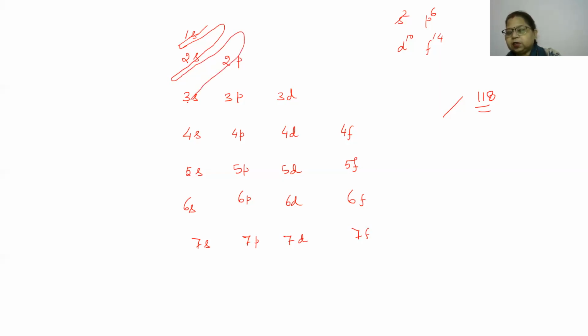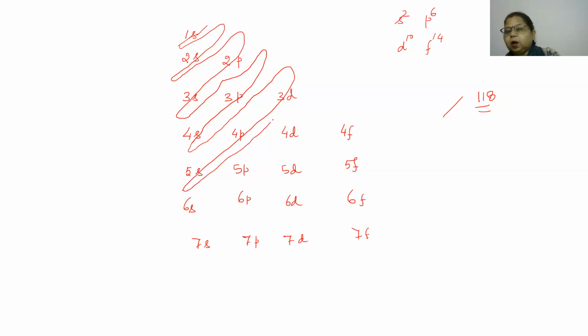Then it will cut 2p and 3s. Again, while going upwards, it is not supposed to cut anyone. Then it will come down, cutting 3p, then 4s. Then when you move it upwards, it will not cut anyone. Then it will cut 3d, 4p, 5s. Again, the line going upwards is not cutting anyone. Then it is coming down, cutting these orbitals.